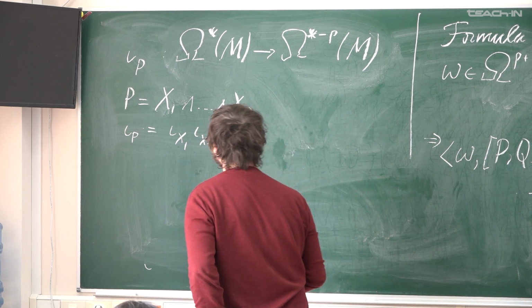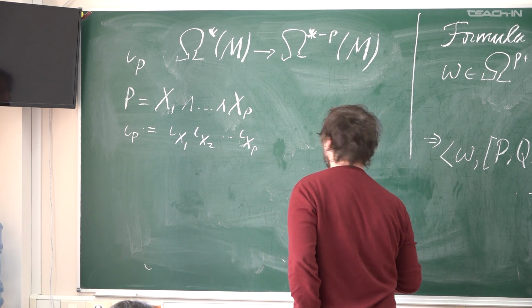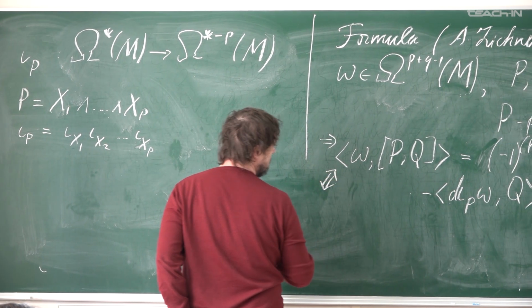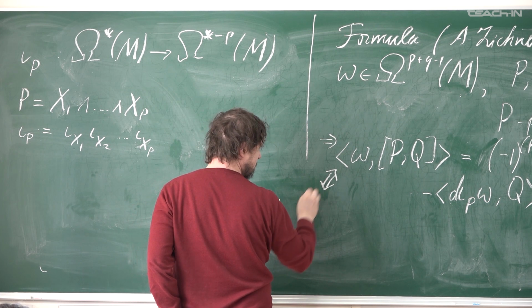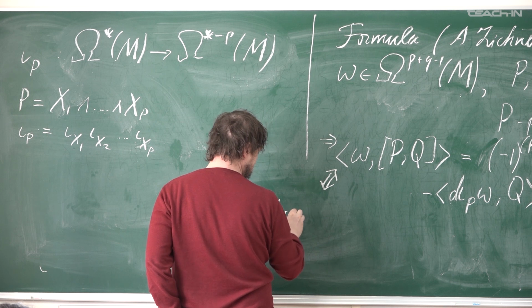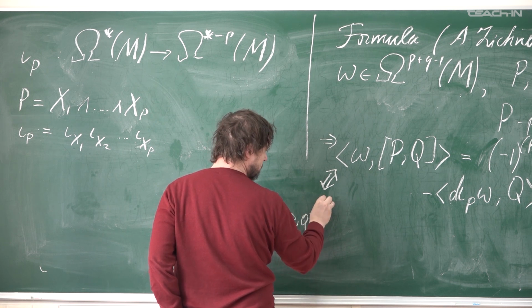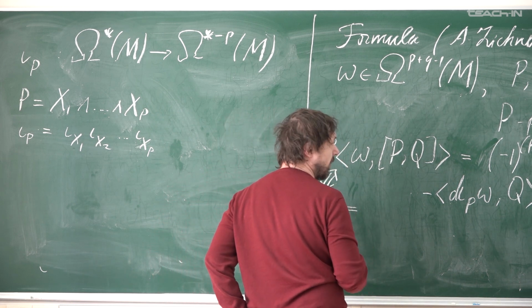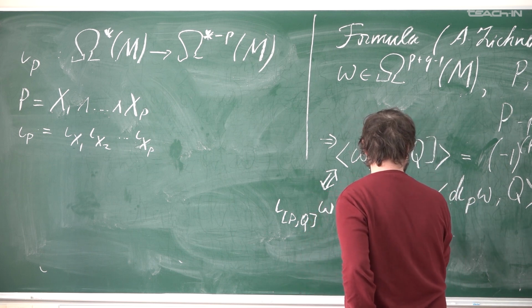In this case, what we have here can be written as the contraction of omega with the Schouten bracket of p and q, and on the right we'll have the following combination.